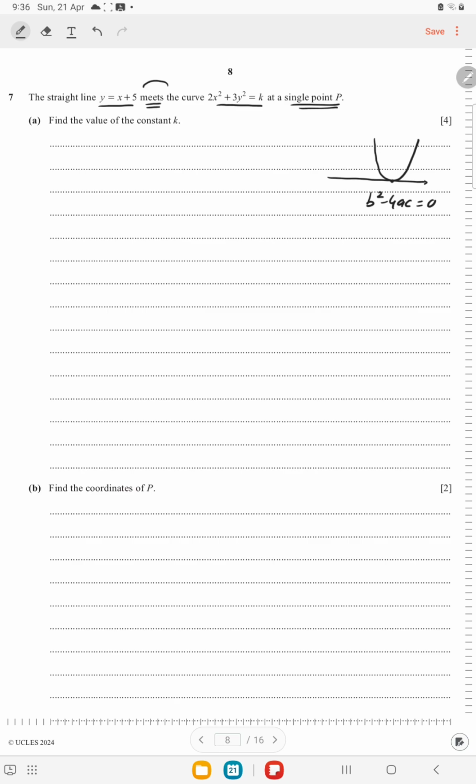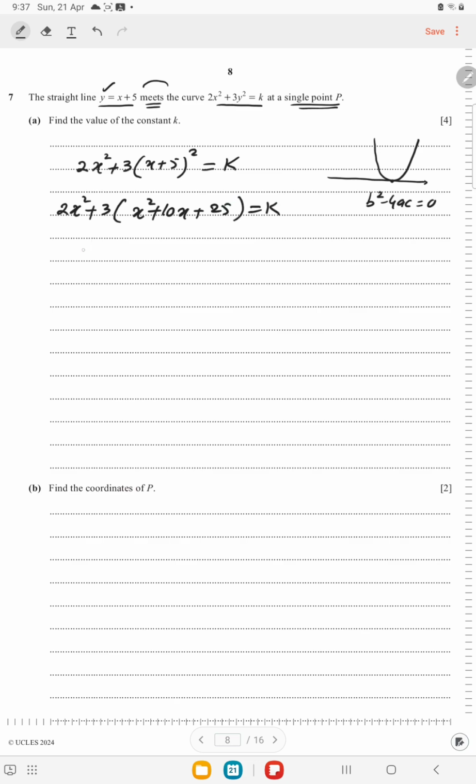We need to replace the y coordinate from the line in the curve. We will get 2x square plus 3 times (x plus 5) whole square equal to k. First of all, make an expansion, (a plus b) whole square: plus 3 into x square plus 10x plus 25 equal to k.